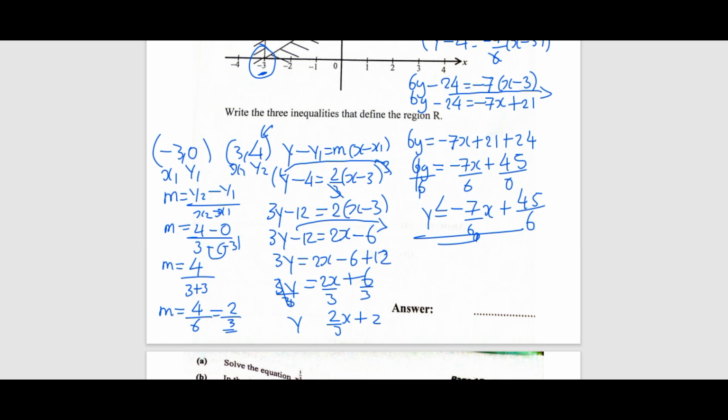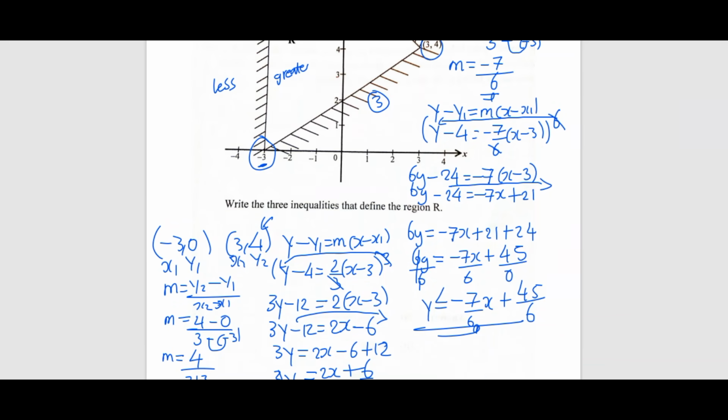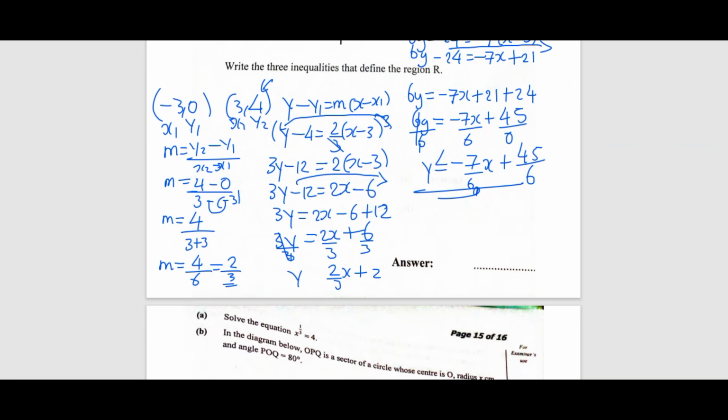Now let's go back to our diagram. So our diagram, here we have greater, here we have less. So we can see that we want the greater part. So we use greater than or equal to. Now let's move on to the next question. This should be question 22.